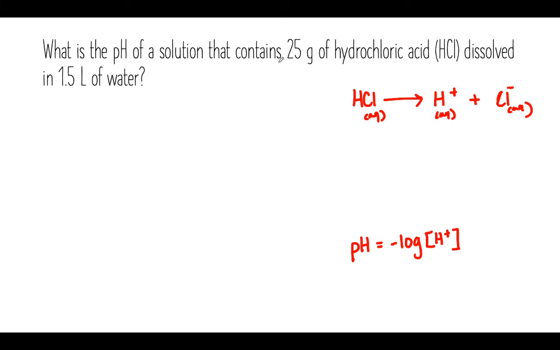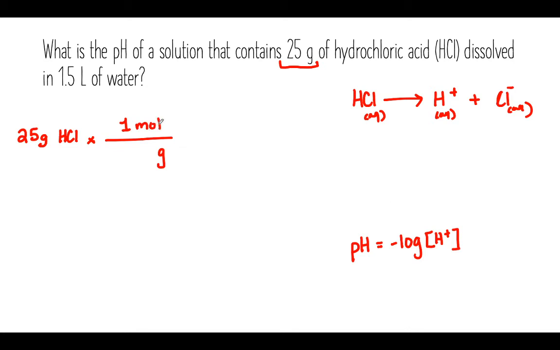So the first thing I have to do is convert this into moles. So when I convert 25 grams into moles, I have to use the molar mass of HCl. So 25 grams of HCl times, so I know that grams is going to be at the bottom so that I can cancel out these units, and I'm going to end up with moles at the top.